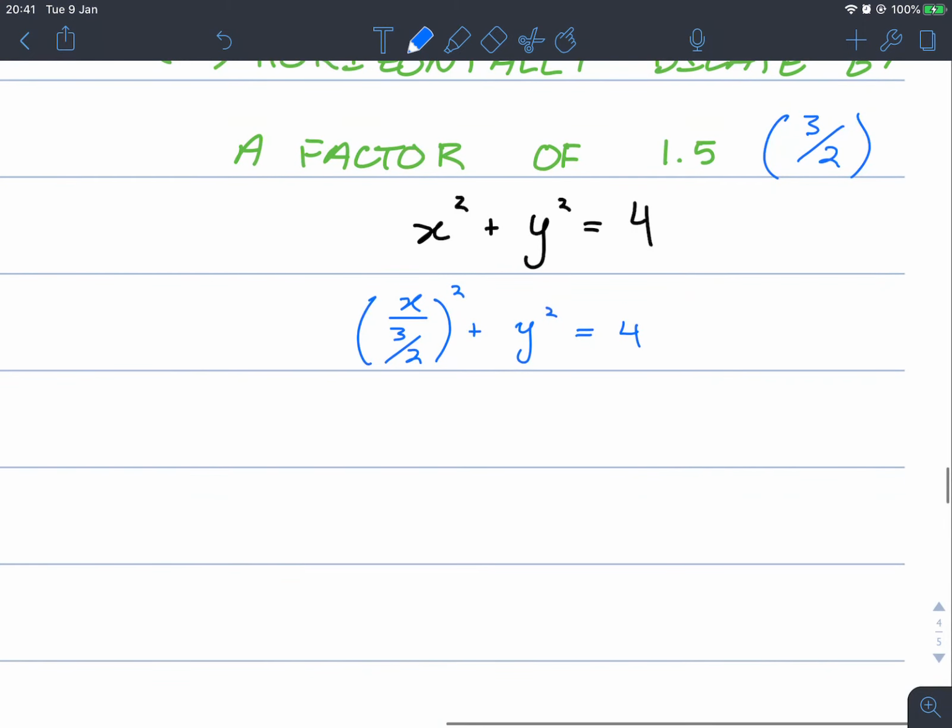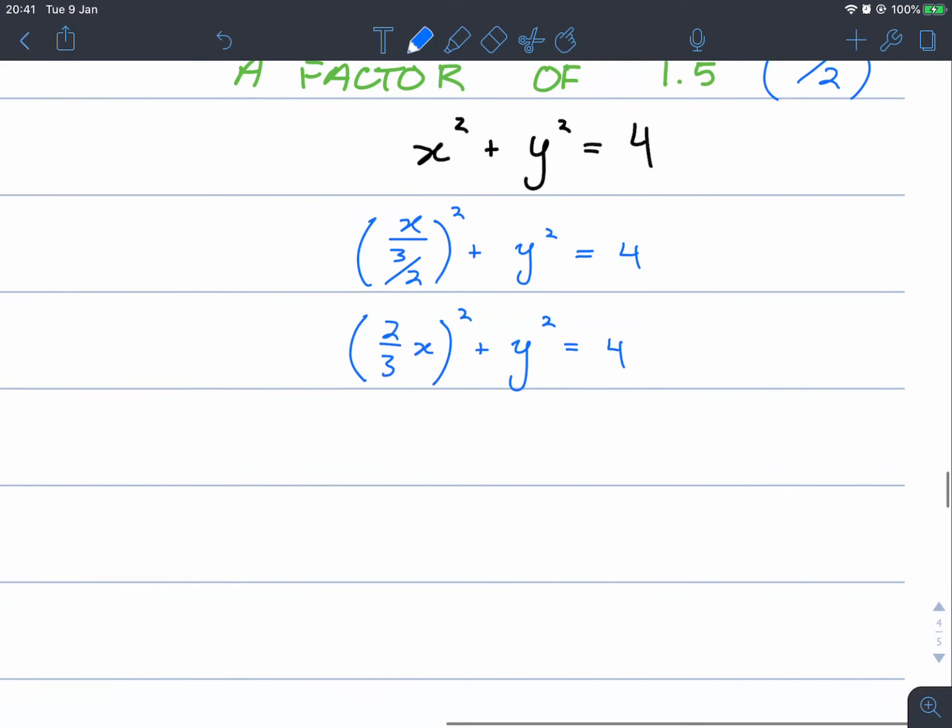Very similarly, we can consider this as 2/3 x squared plus y squared equals 4. Expanding this, we get 4 on 9 x squared plus y squared equals 4.